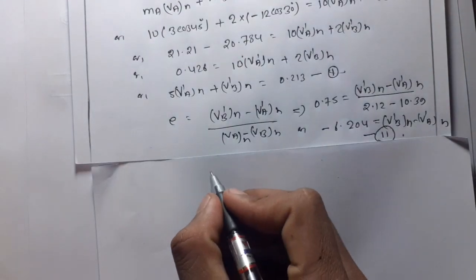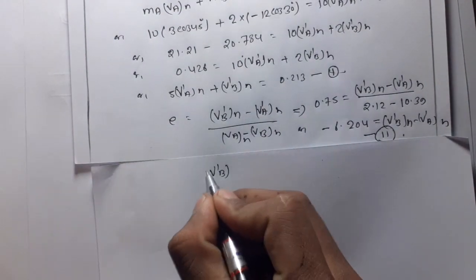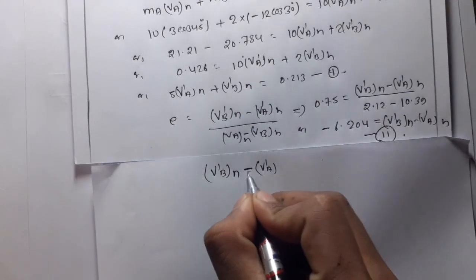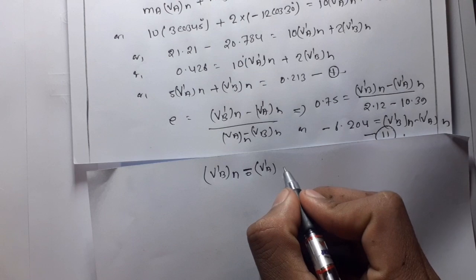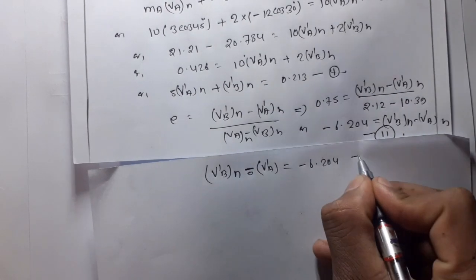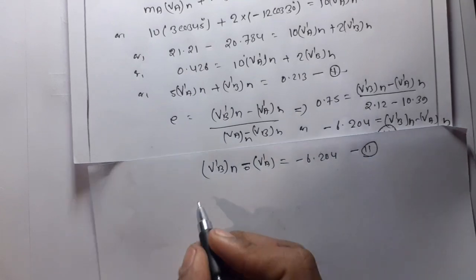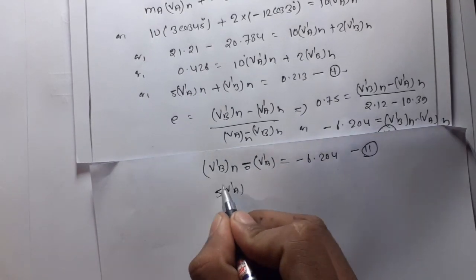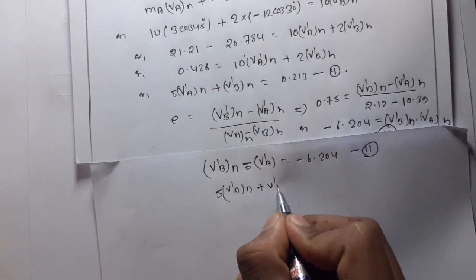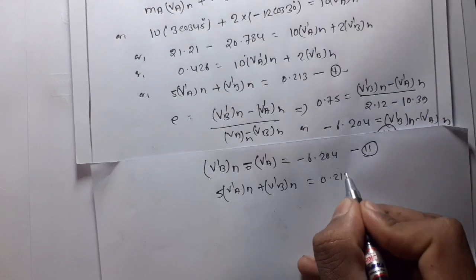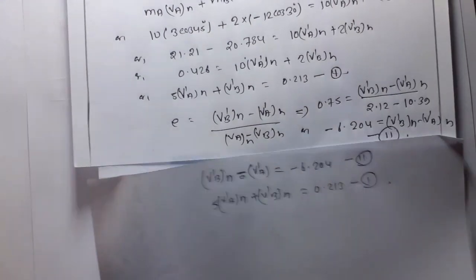Equation number 2 is v'Bn minus v'An equals minus 6.204, and equation 1 is 5 v'An plus v'Bn equals 0.213.